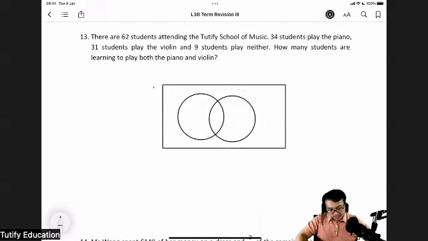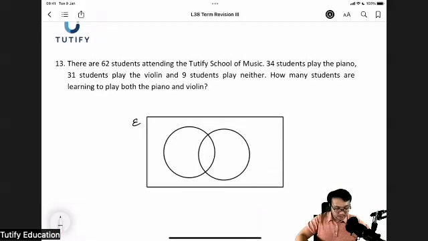Now, students, I'm going to label the rectangle epsilon. Okay, epsilon. What does it mean? It means the universal set. I'll explain what is universal set later on, okay? I'm also going to label the circles P and V. It stands for piano and violin.